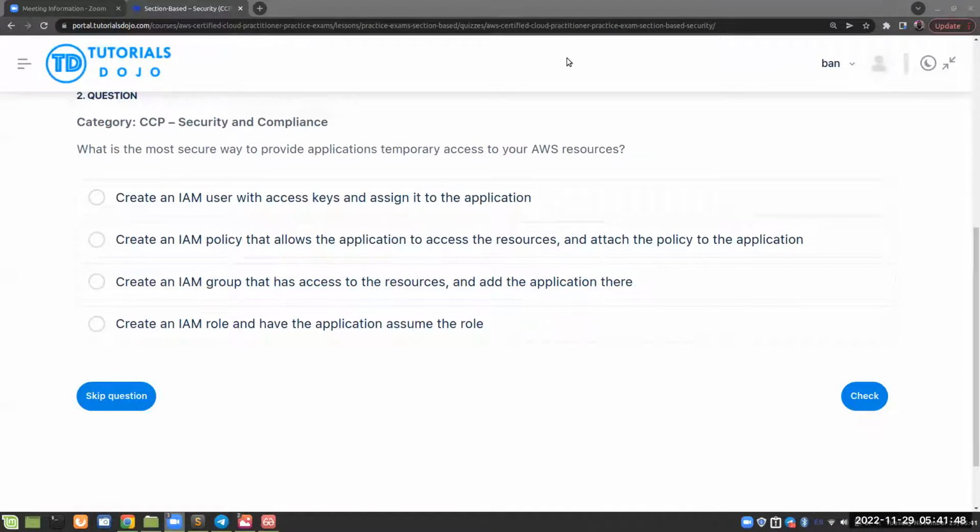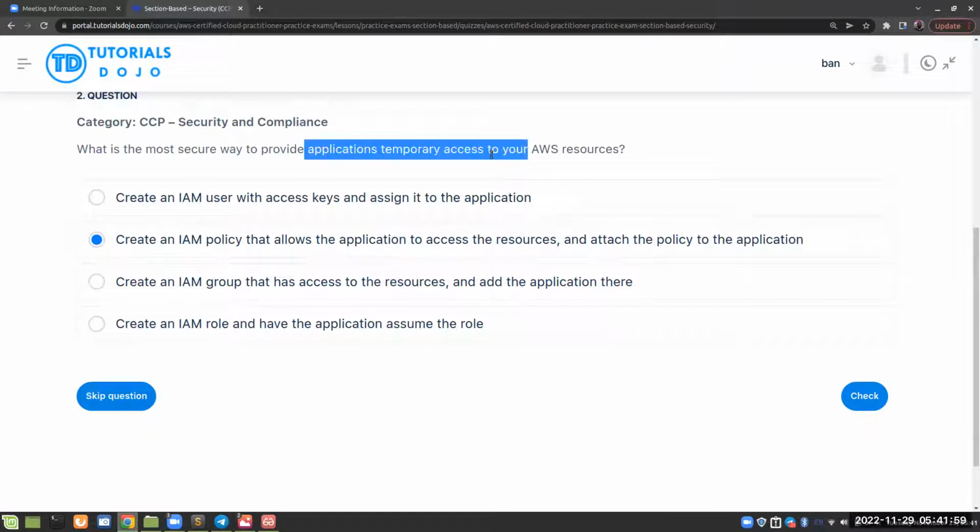Okay. Leslie says B. So the question is, what is the most secure way to provide applications temporary access to AWS resources? Create an IAM policy that allows the application to access the resources and attach the policy to the application.